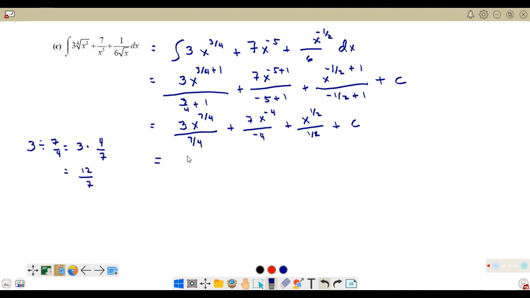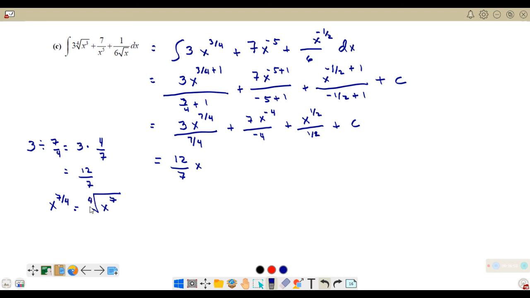So, we are going to end up with 12 over 7, x raised to the power of, ano yung x raised to the power of 7 over 4? So, that is x raised to the power of 7, pero nasa loob siya ng radical.